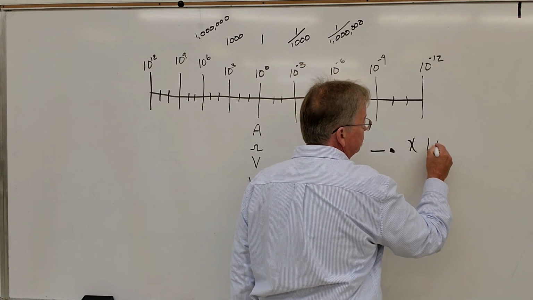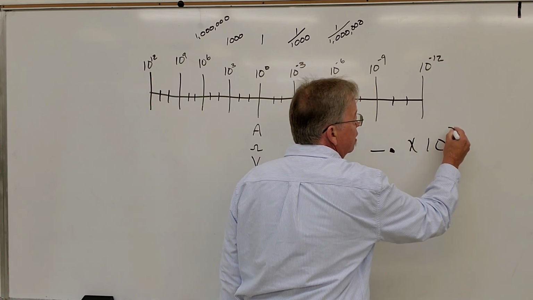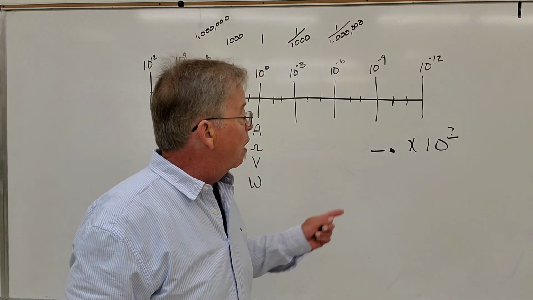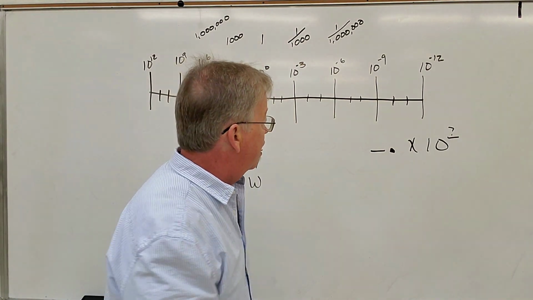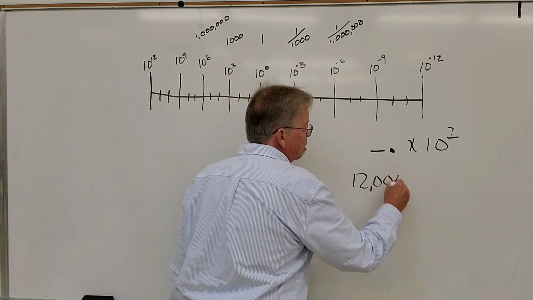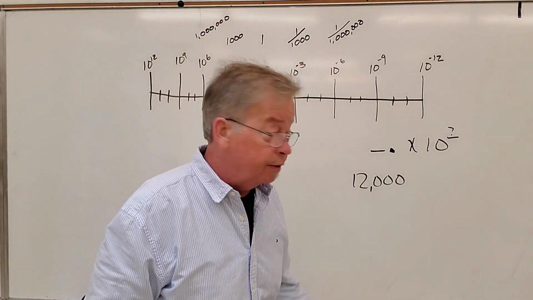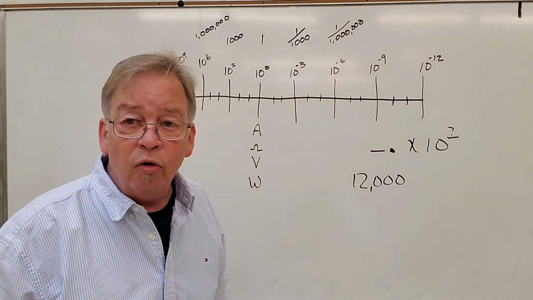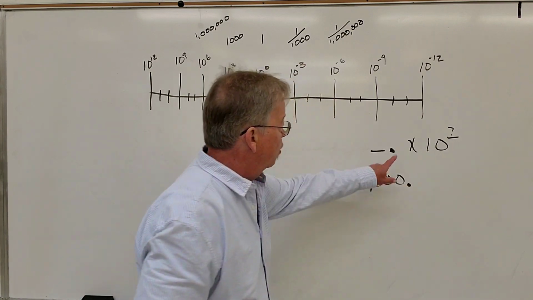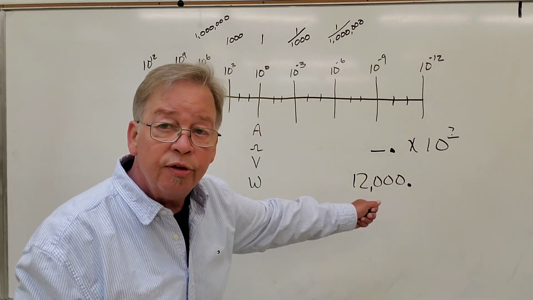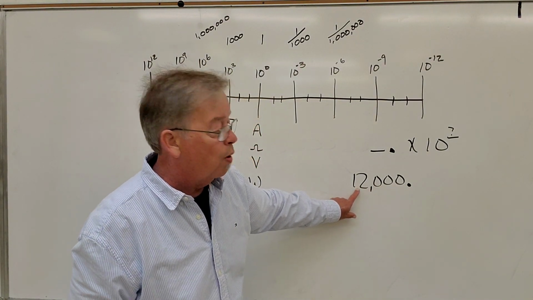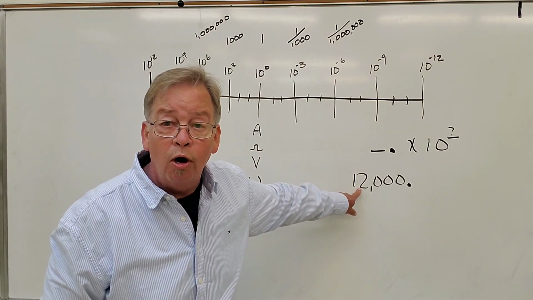However, your exponent can be any value there is. For example, if I wanted to represent the value 12,000 in scientific notation, what I'd have to do is I'd have to take that decimal point, and since I can only have one digit to the left of the decimal point, I'm going to have to move that decimal point all the way down here to behind that 1.